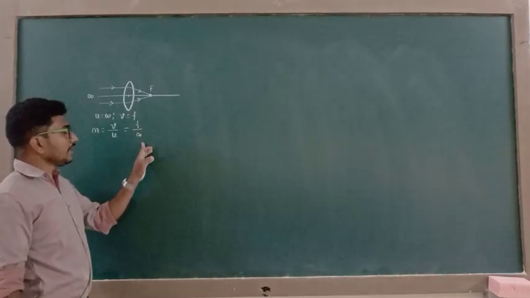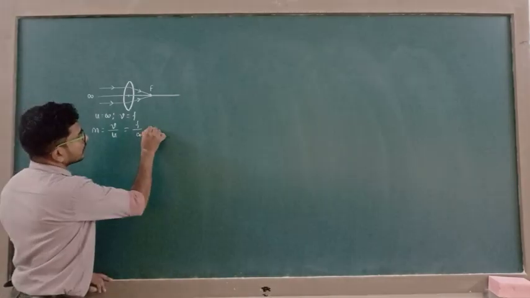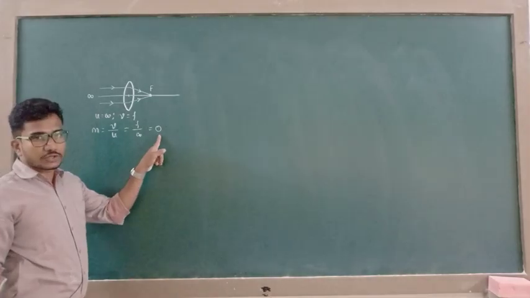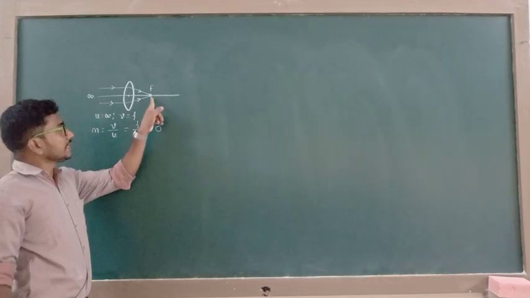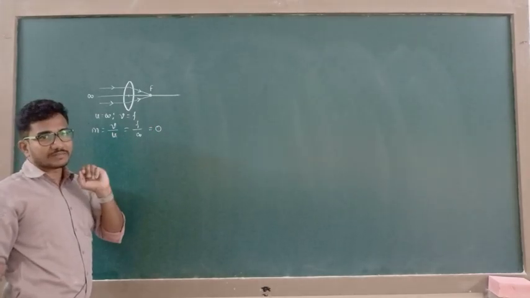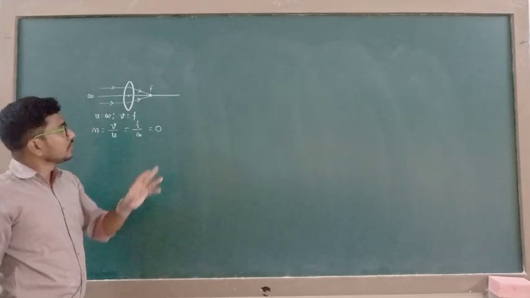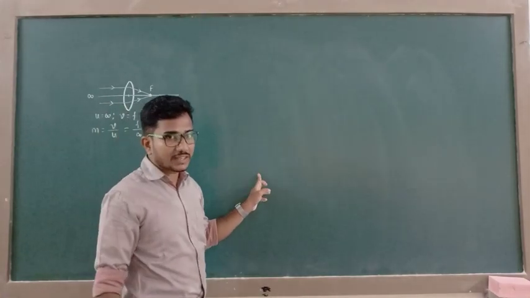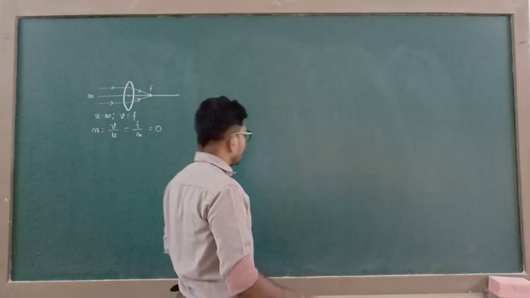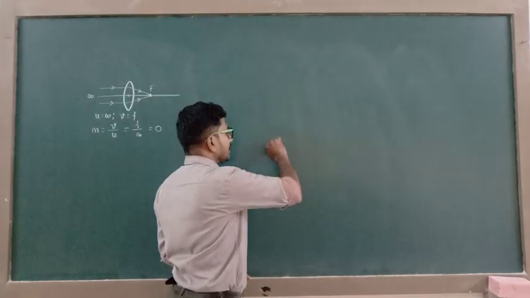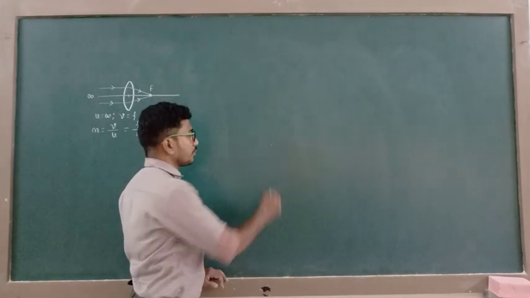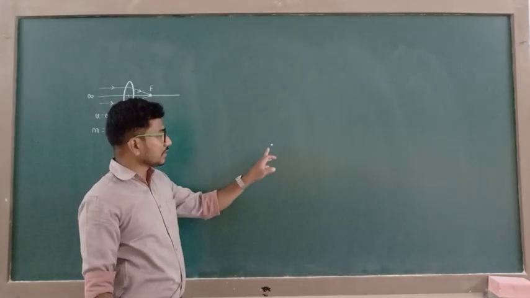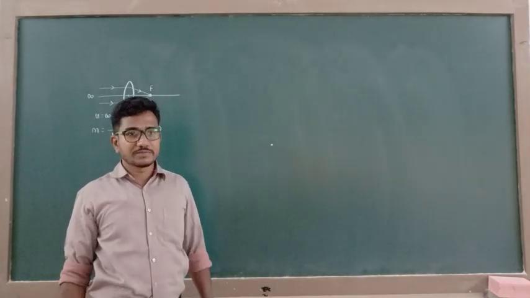Therefore anything divided by infinity is equal to 0. Linear magnification is equal to 0, that represents the size of the image is greatly diminished. Even though this image is a point in size, we can still say the nature of that image. If I say this pointer represents the image of an object, and ask what is the nature of this image, it is quite difficult.